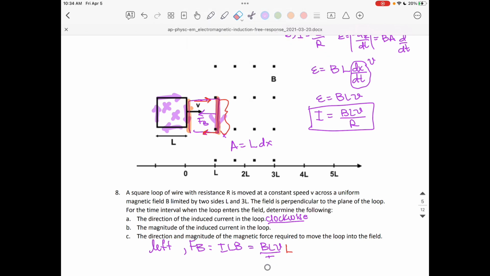I just noticed a notation error here. This is BLv over R. Then we've got our length L, and then the last piece of our equation is this B. So now we've got B squared L squared v over R.